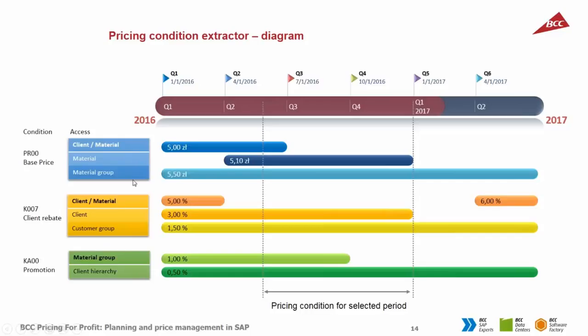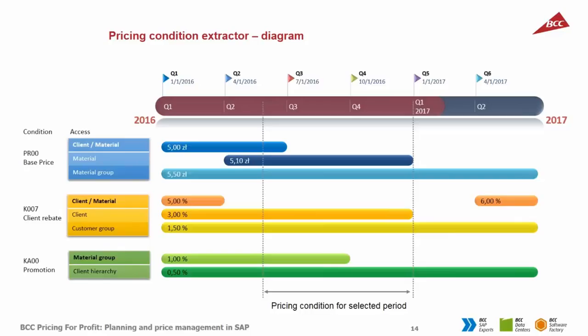The first two conditions have three access keys: client, material, and material group. And K007, client rebate, also has three access keys, which are customer, material, and customer group. The third one has two keys which can store values for these pricing conditions.